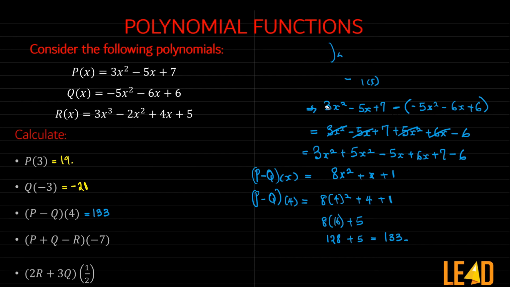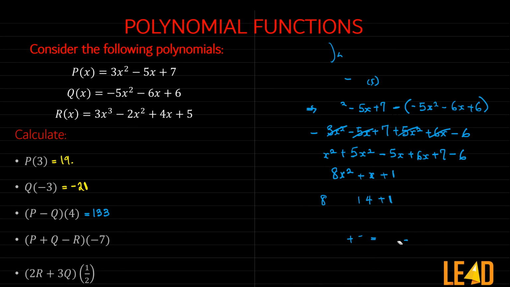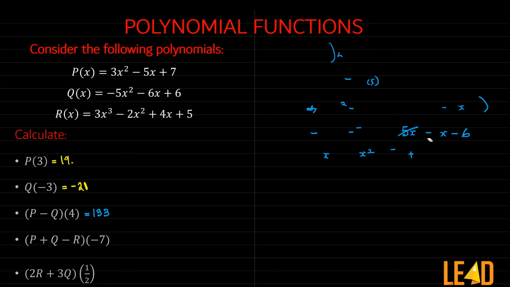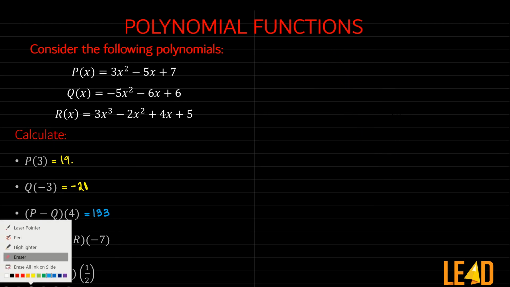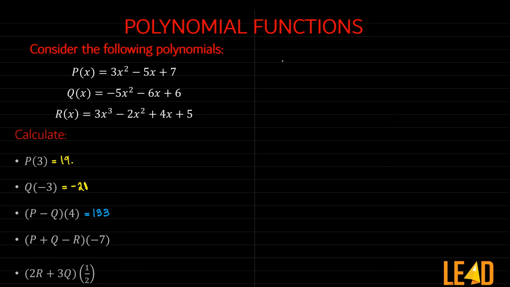Okay, next we have p plus q minus r, so that means I would have to do that math. I'll need all the space I can get. Okay, done. Let me pick up this. Okay, we have p plus q minus r of minus 7.